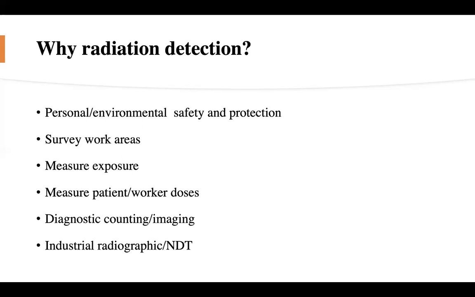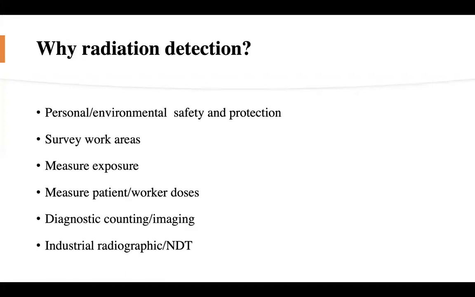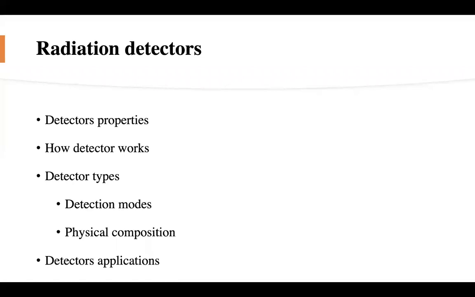We also need radiation detection to measure exposure, and to measure patient or worker doses in medical applications. We use it also for diagnostics, counting, imaging, and for industrial radiography or NDT applications. NDT means non-destructive testing.